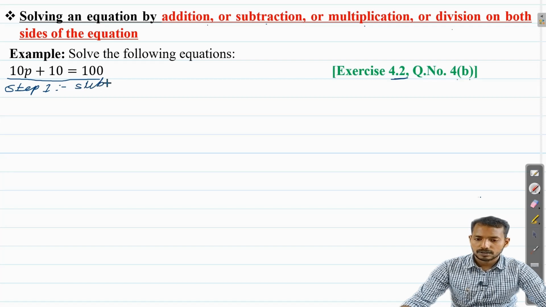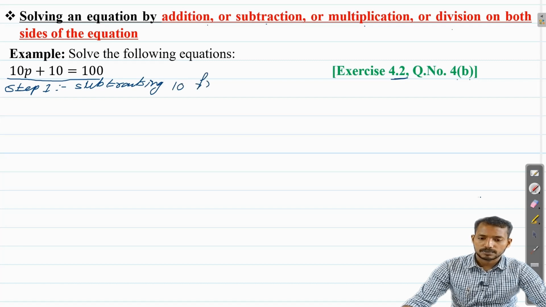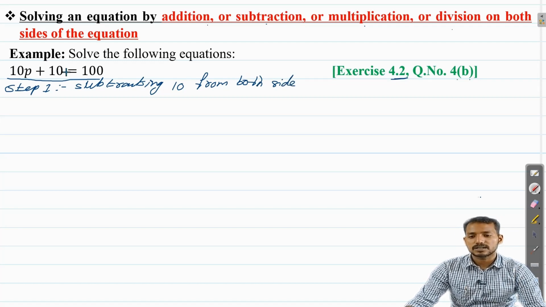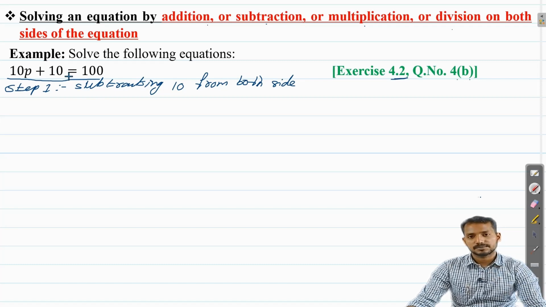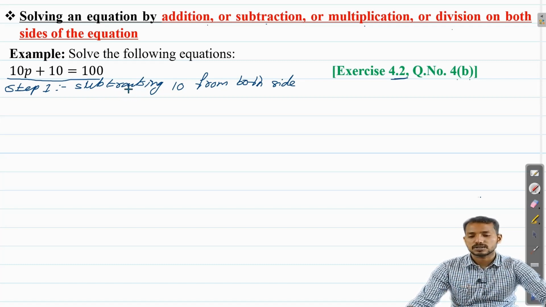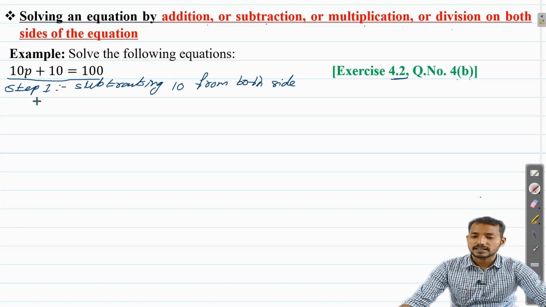Subtracting 10 from both sides. Why from both sides? Otherwise this equality will change. So whatever operation we do should be done on both sides. And why subtracting? Because here we have 10p plus 10.